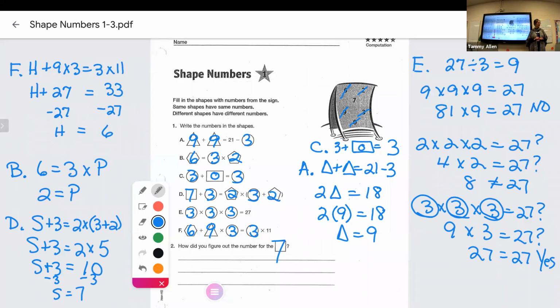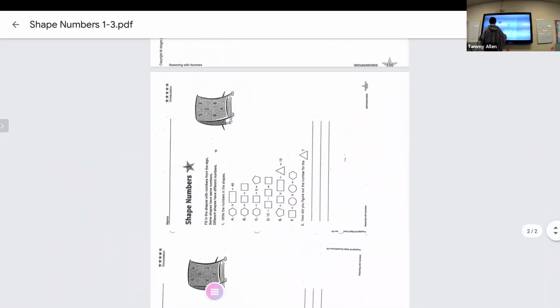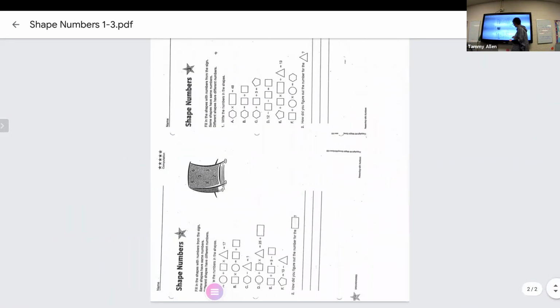Anybody? Okay. You're going to need another sheet of paper for the back side because there's not enough room there to do your work. Do I still need this? Questions? When's it due? Friday. Friday. All right.